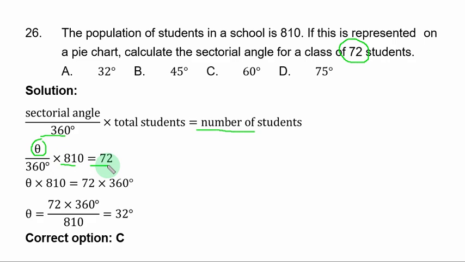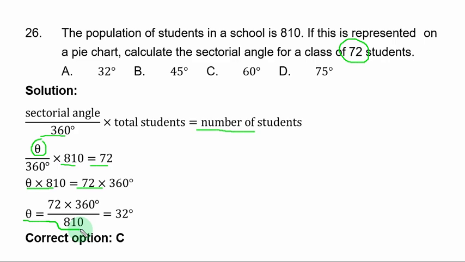So you clear the fractions by multiplying through by 360. So you have theta times 810 equal to 72 times 360. Divide both sides by 810. So theta is equal to 72 times 360 degrees divided by 810.